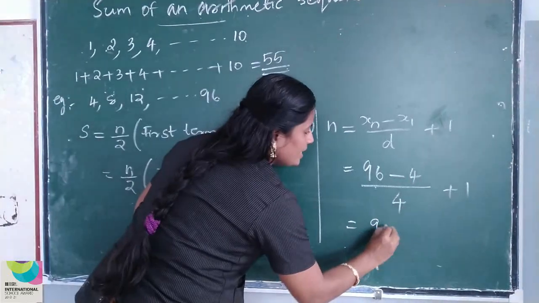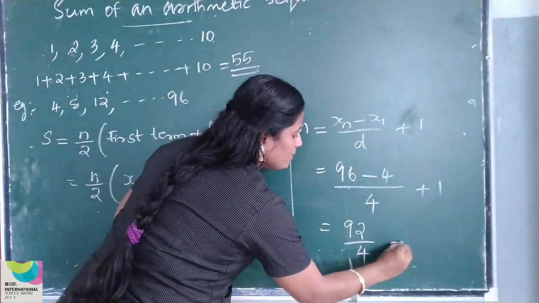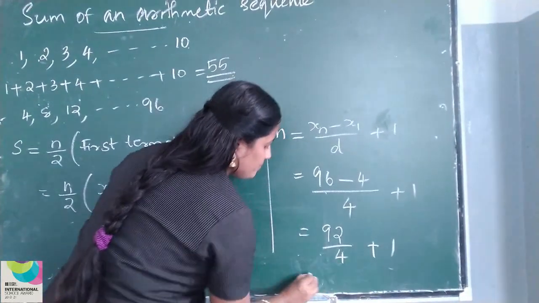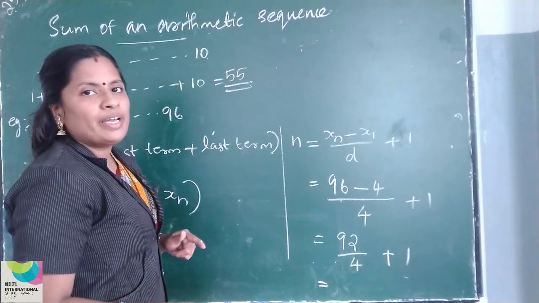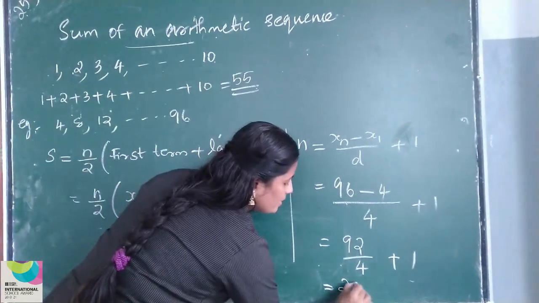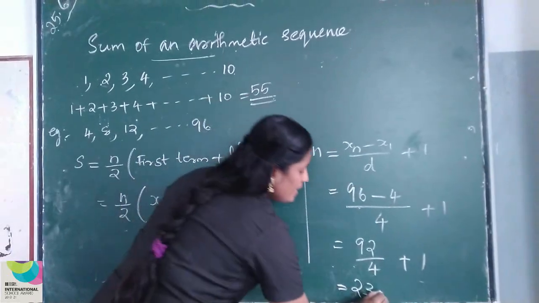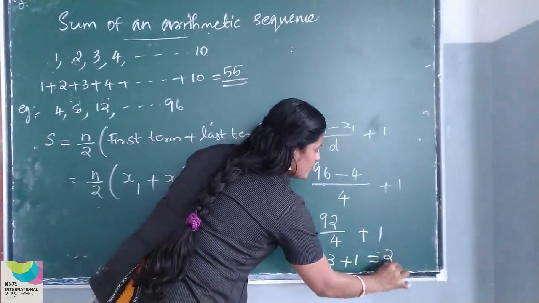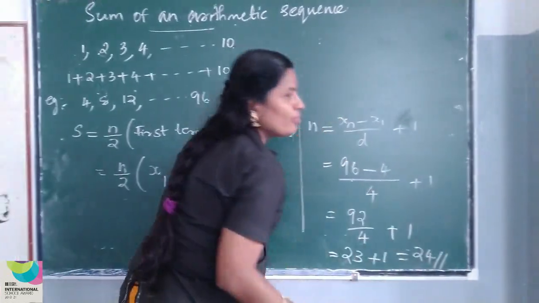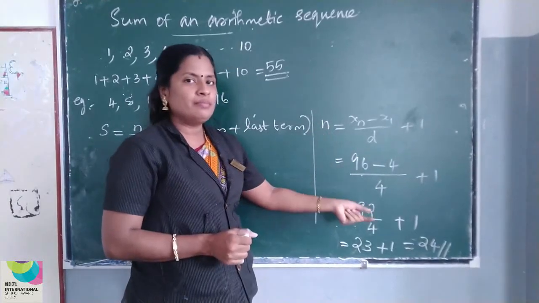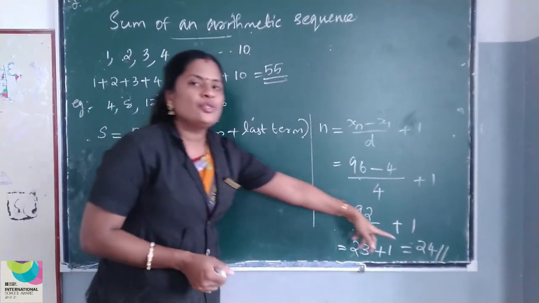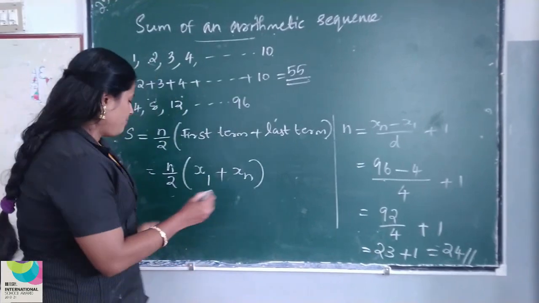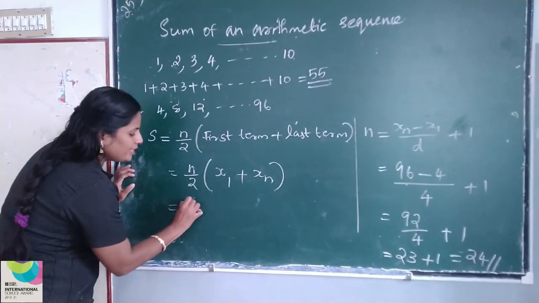That is 92 by 4 plus 1. 92 by 4 is 23. 23 plus 1 is 24. So the number of terms in the sequence is 24, so n equals 24.